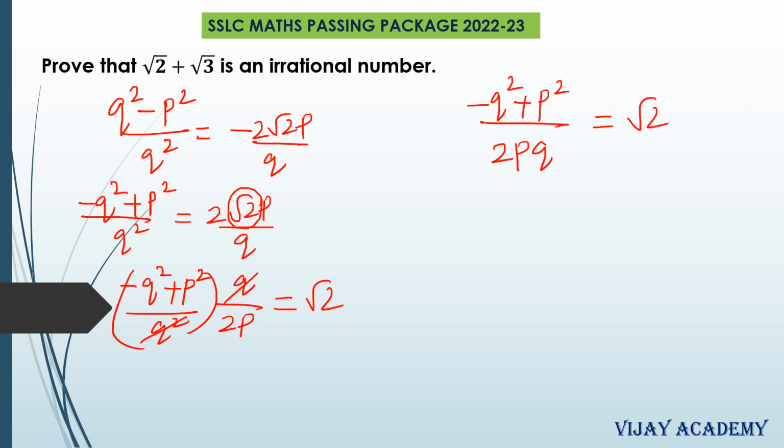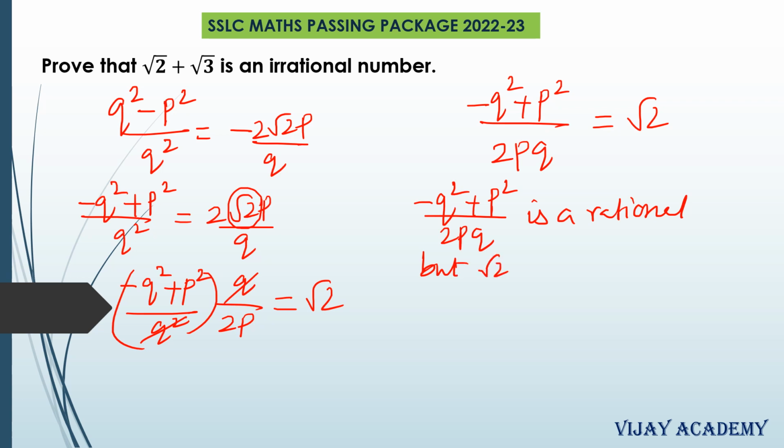Now look at this equation. In the LHS we have a rational number, but in the RHS we have an irrational number. So this is not possible. We can write that minus q square plus p square by 2pq is a rational number, but root 2 is an irrational number.